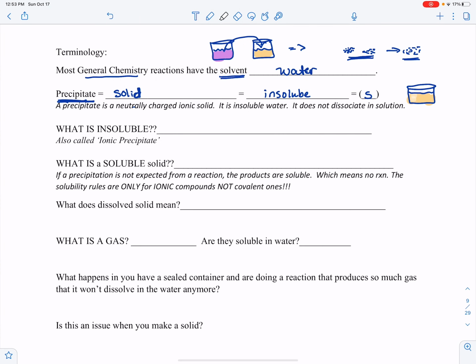Sometimes it's little tiny floating specks, sometimes itty bitty cloudy specks in the water. Or sometimes it looks like a little pile of white specks, or red or black specks, on the bottom, and that is our solid. Those white things are what is not dissolving in water.